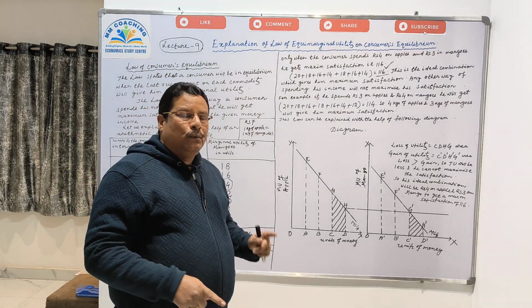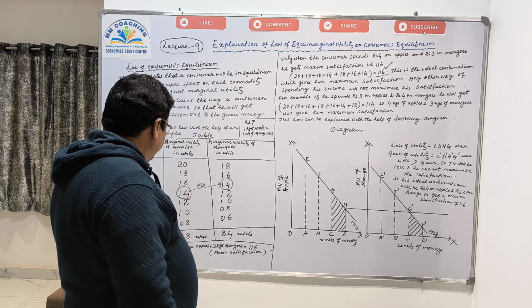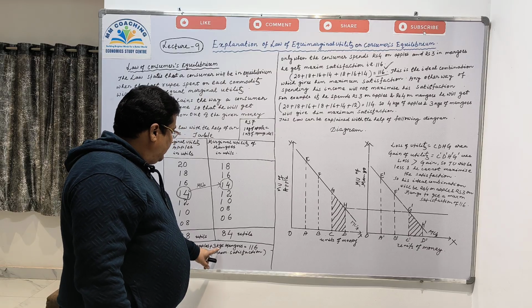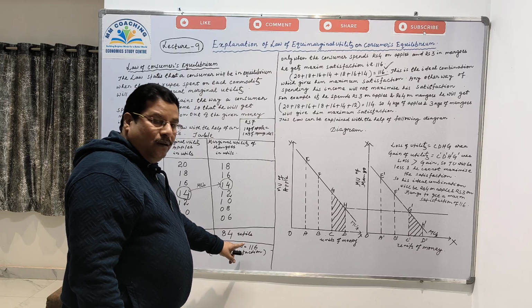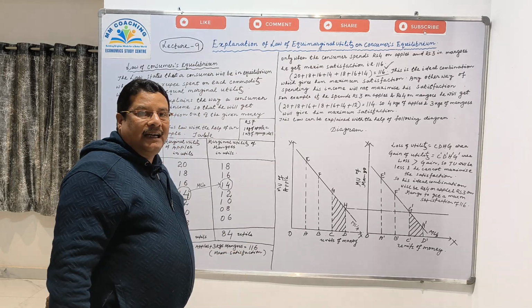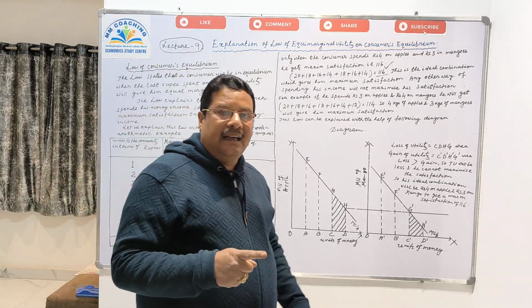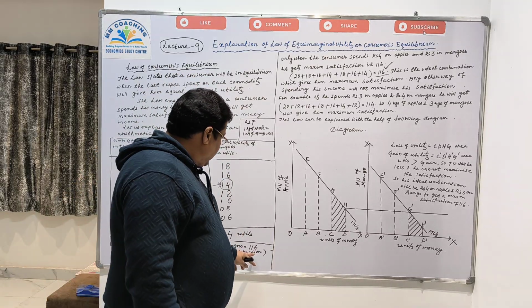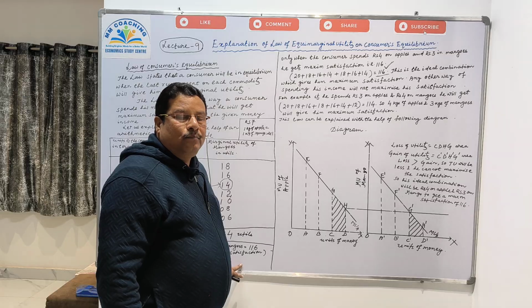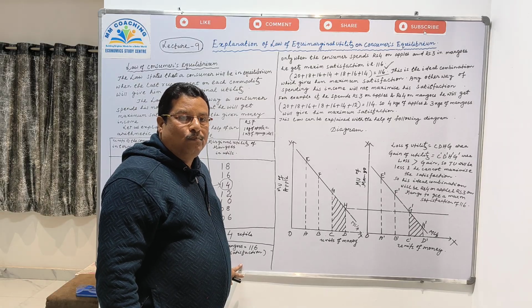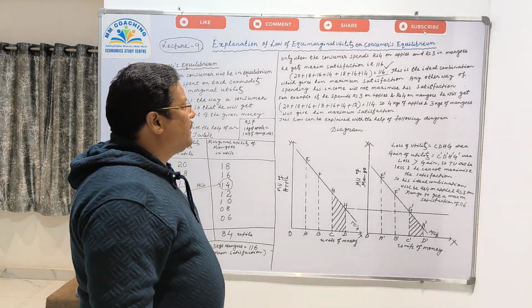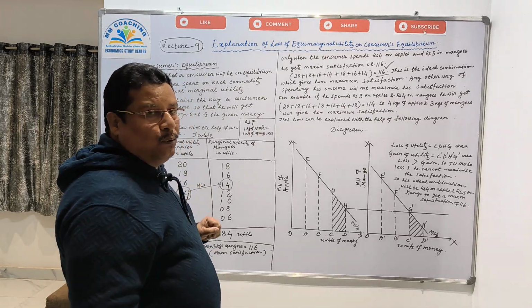That means when he buys 4 kilograms of apples and 3 kg of mangoes, then he will get 116 as total utility, and that is his maximum satisfaction in this arithmetic table, in this example.